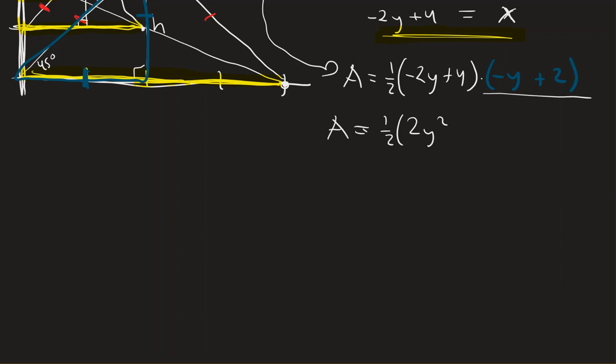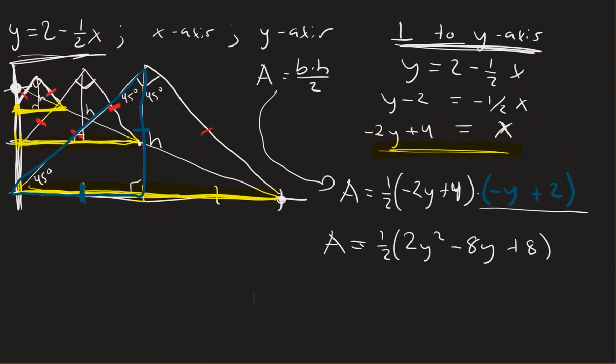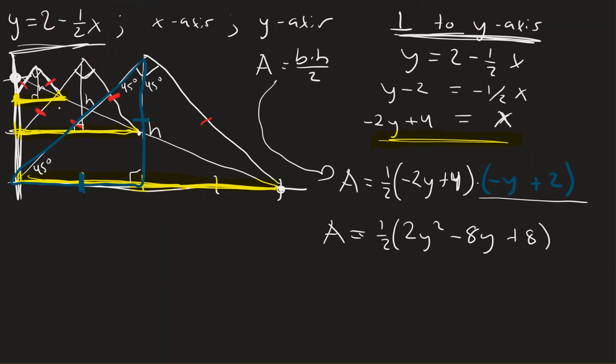This would be 2y squared minus 4y minus 4y, so minus 8y, and plus 8. Okay, so that would give me the area of any one of these isosceles triangles, no matter what y value I was starting off with.